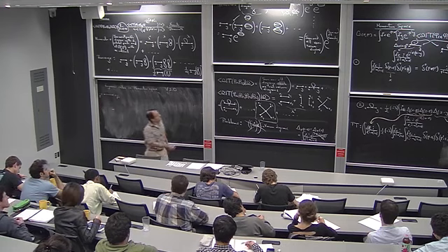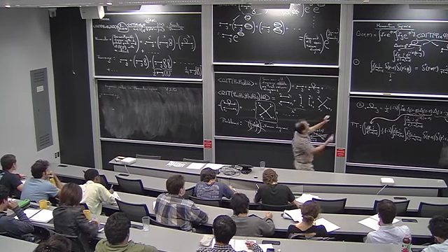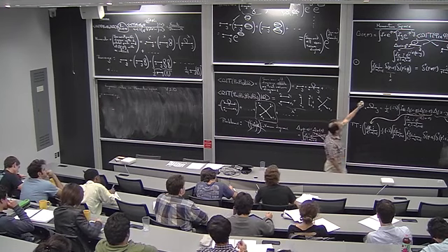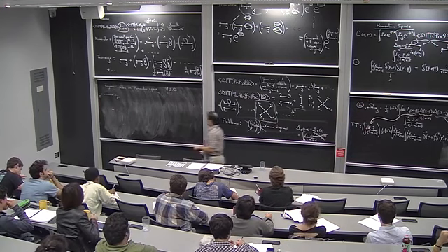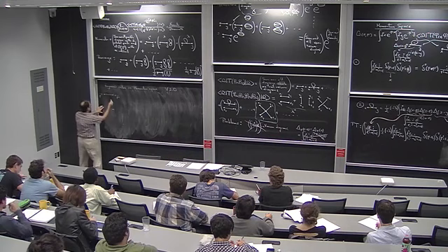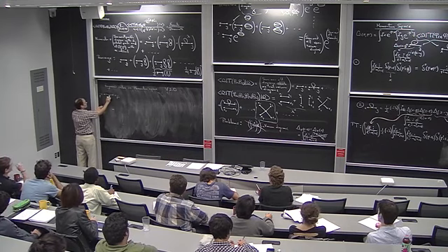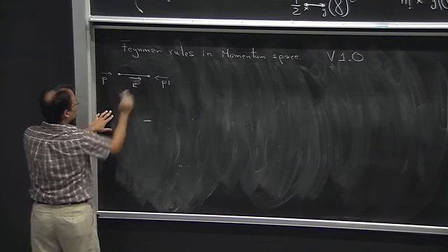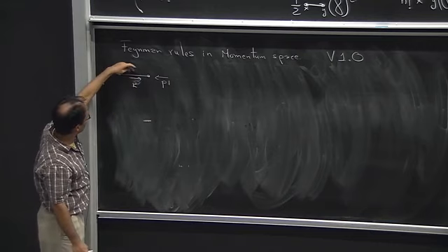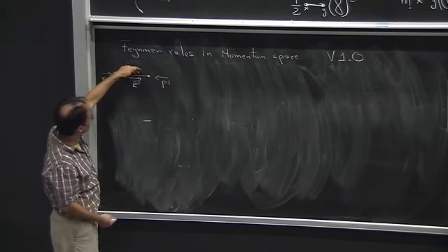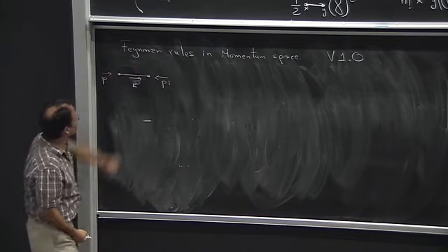Now, the fact that each line corresponded to a Feynman propagator means that we can think of it as having some momentum in this diagram, okay? So this corresponds to the momentum that appears in the Fourier transform representation of this Feynman diagram.